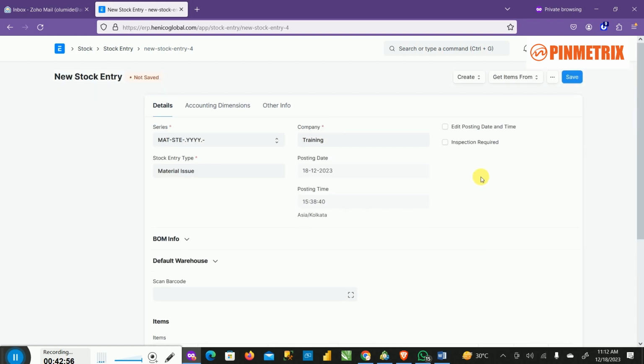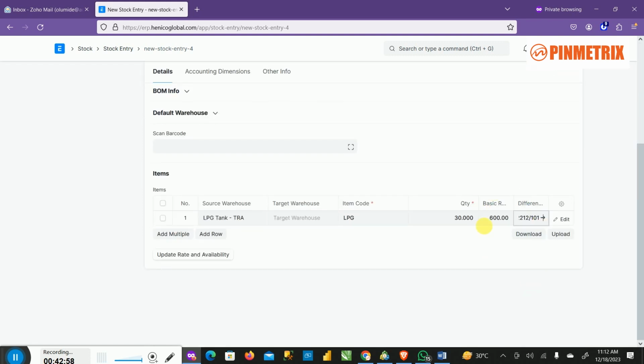So all you just need to do, definitely there will be a variance there. Why? Because when we received, it was at 550. Now the system is telling you, based on the valuation of the product as at today, they are returning the product back. The product is no longer 550. The product is now 600.